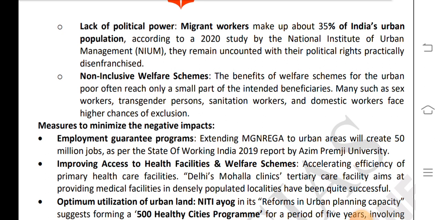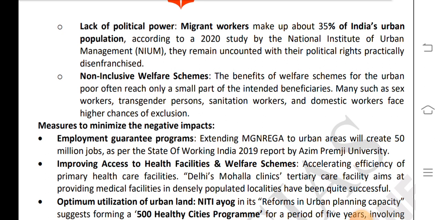infrastructure development. Political marginalization. Lack of political power: migrant workers make up about 35% of the Indian urban population according to a 2020 study by the National Institute of Urban Management, NIUM.